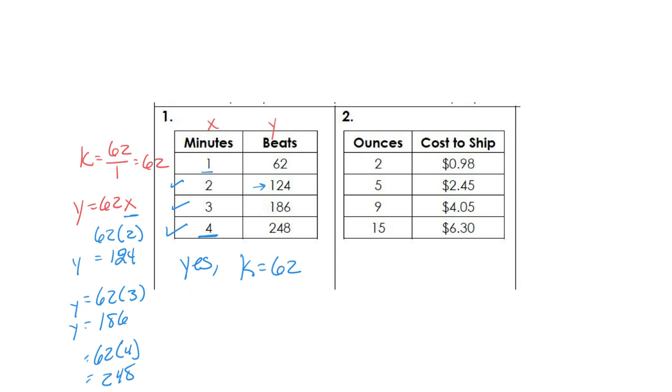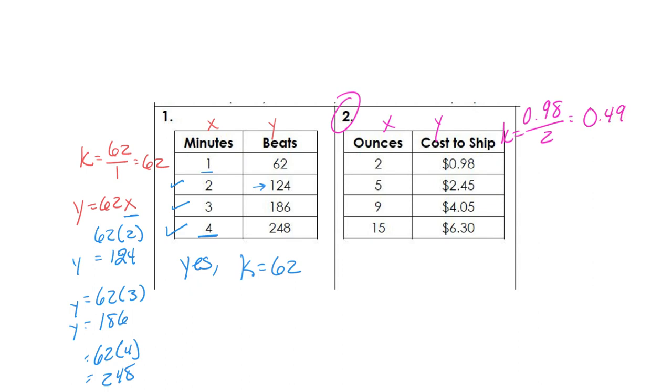Now, let's look at the next equation. Find a different color to write with. Looking at number 2, x and y, 98 cents over 2, which simplifies to 49 cents.